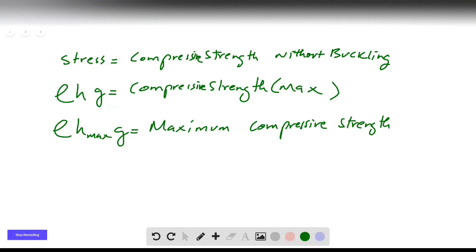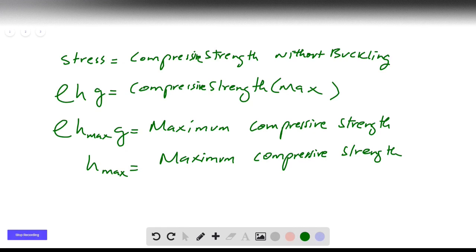And this means that we can solve the maximum height in terms of the maximum compressive strength over rho G. So that's what we have right here. So now we have a new definition of the maximum height in terms of maximum compressive strength.